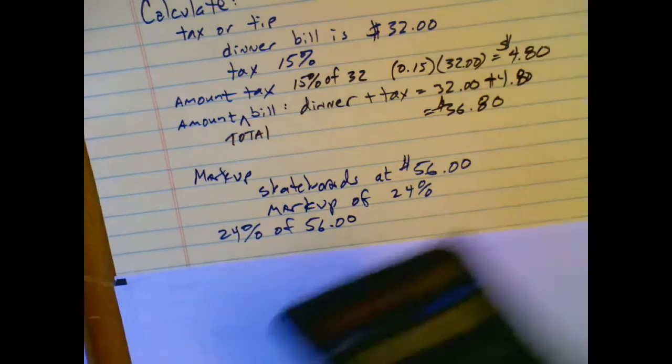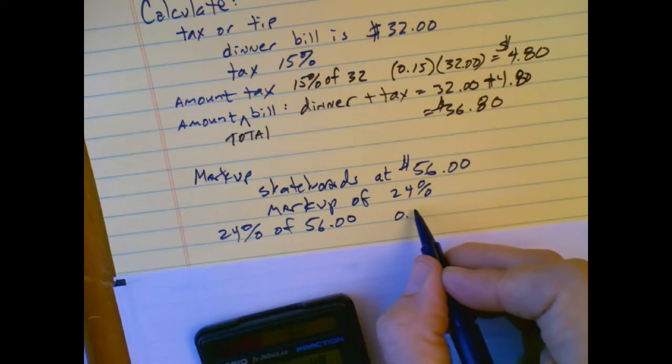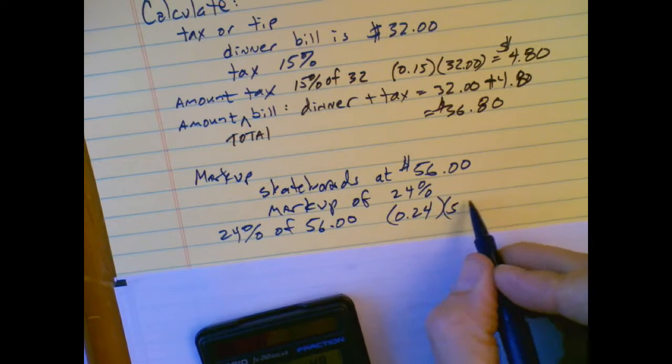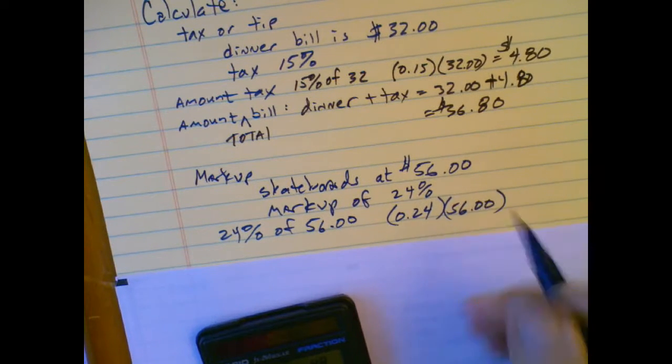And that is going to be 0.24 times 56, 24 hundredths times 56.